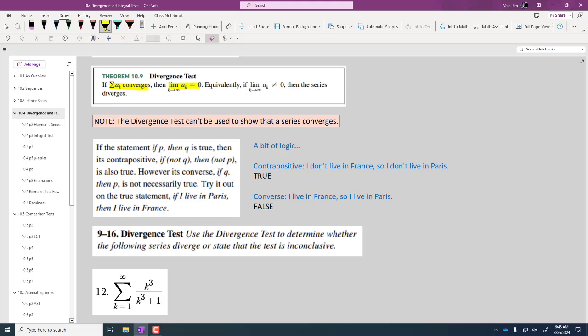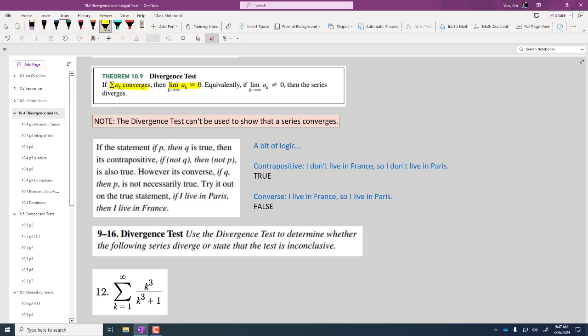That is our fundamental building block with series. The only way you can add up an infinite collection of numbers and get a finite answer is if you're adding progressively smaller and smaller numbers that are going to 0, and going to 0 relatively fast.